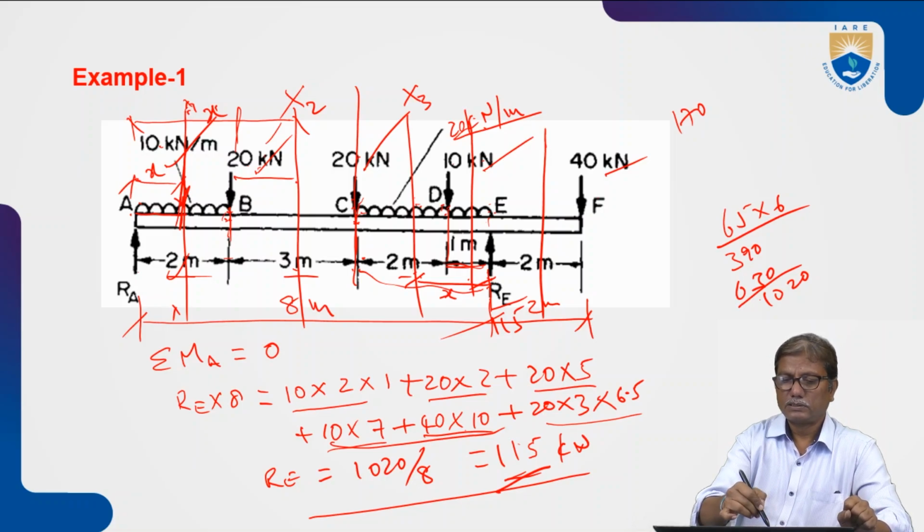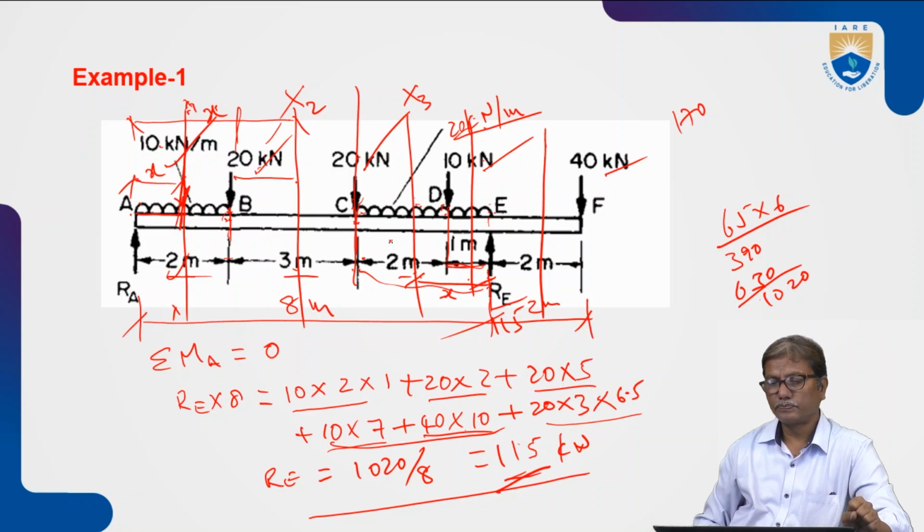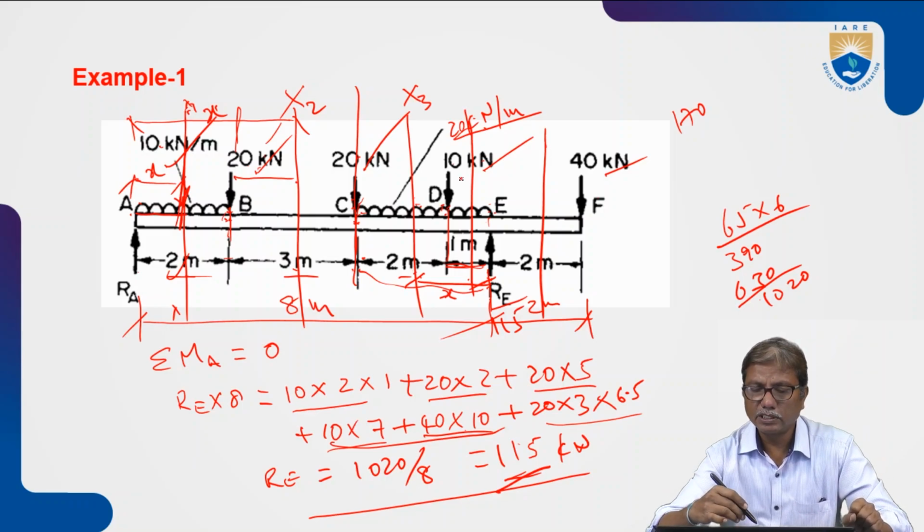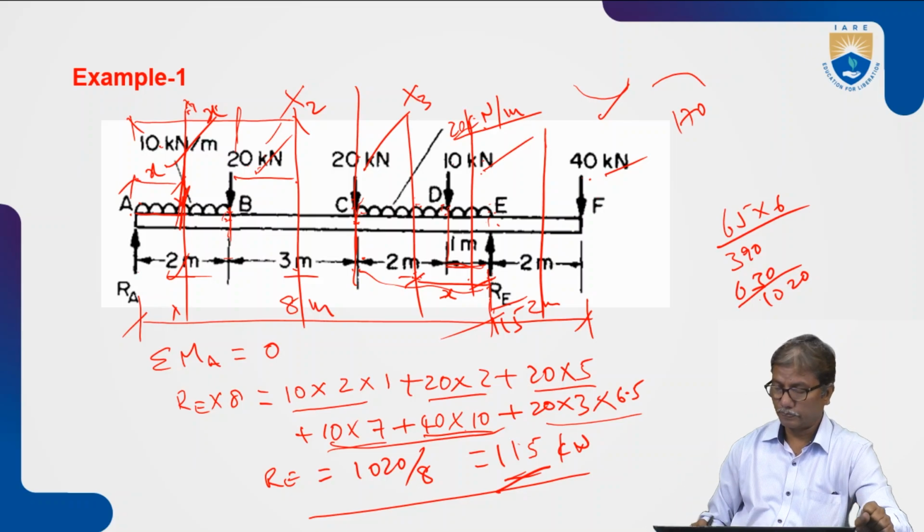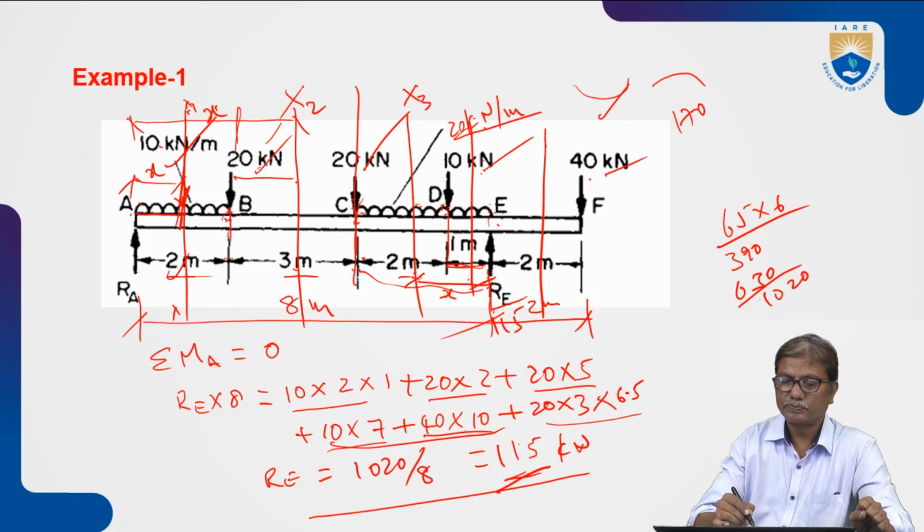Similarly, write the bending moment equation. What is the bending moment equation? Bending moment, sagging positive and hogging negative. This is the convention, is it? So 115 into x. This is positive sagging moment. And due to these loads, it is negative hogging. So 115 into x.